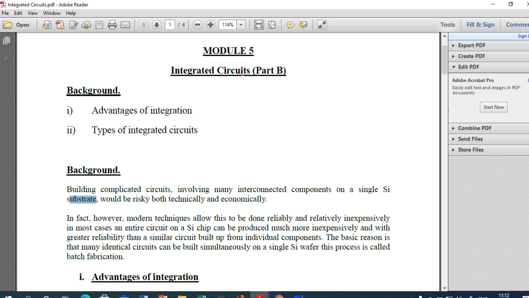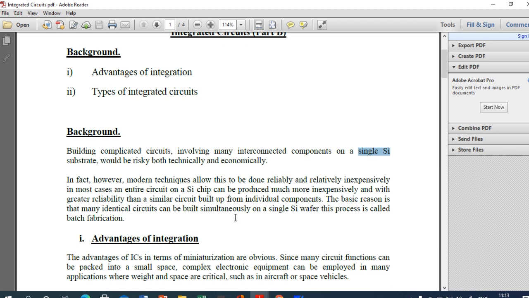So integrated circuits allow the designer to design much more complicated circuits, and all that complication of the circuit is built on a single silicon wafer or single silicon substrate. I call it a chip or integrated circuit. These ICs can be carried from one place to another very easily.